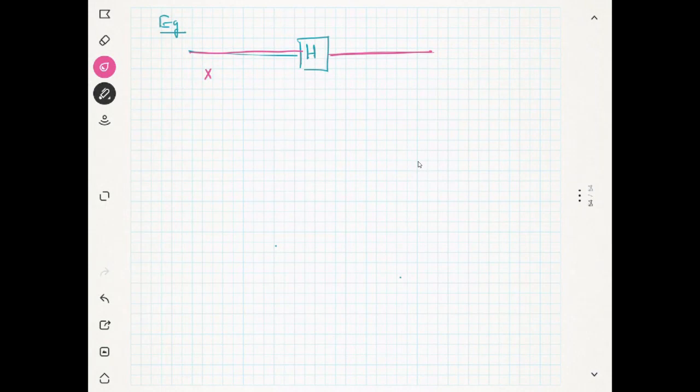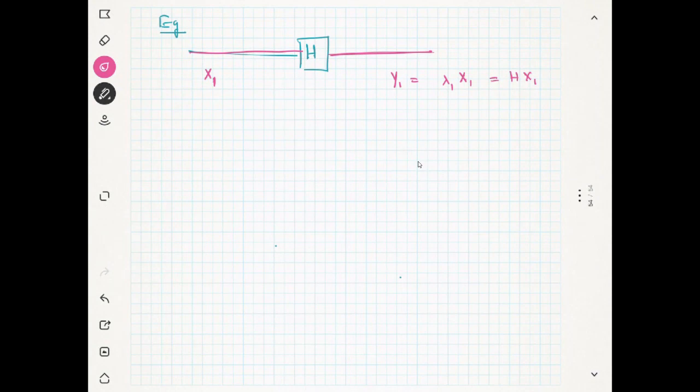Let's say my eigenvector is x1. Then what will be my output y1? It will be lambda 1 into x1, right? But this is also equal to h into x1. Do you agree with me?